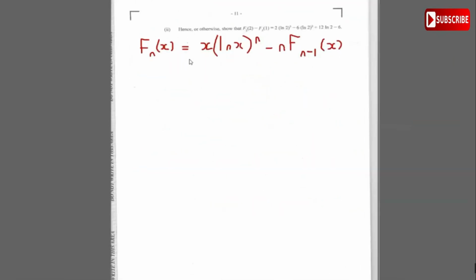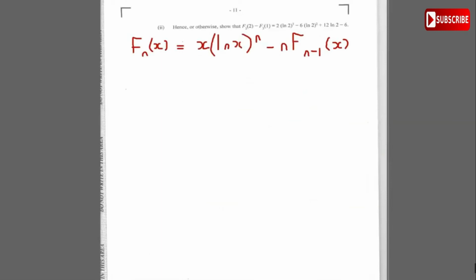So let's use that knowledge. We're going to plug in n as 3. Plugging in n as 3, you get that f_3(x) is equal to x(ln x) raised to the third power, because you're substituting n as 3, minus 3 times f_2(x).